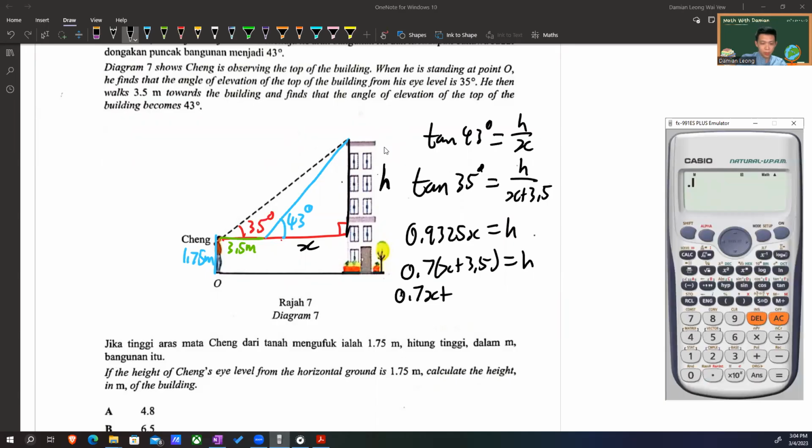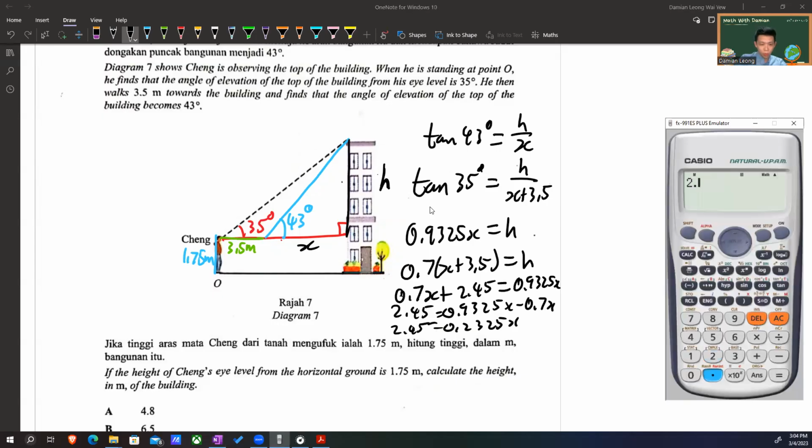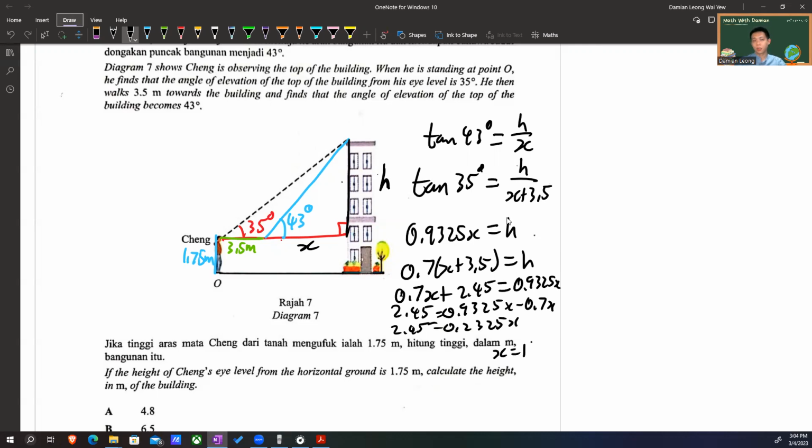So 0.7x plus 2.45 equals, I switch this, 0.9325x. So 0.9325x minus 0.7x is 0.2325x. Bring over 2.45, divide by 0.2325. x is 10.54.